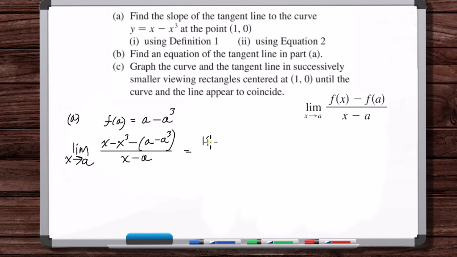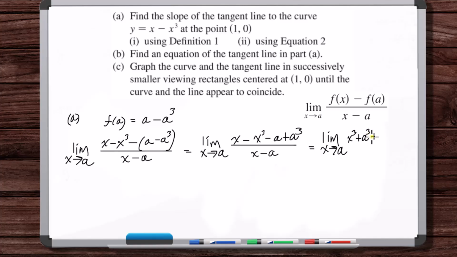So you've got x minus x cubed minus a plus a cubed. Okay, so let's see. We've got x cubed plus a cubed plus x minus a.